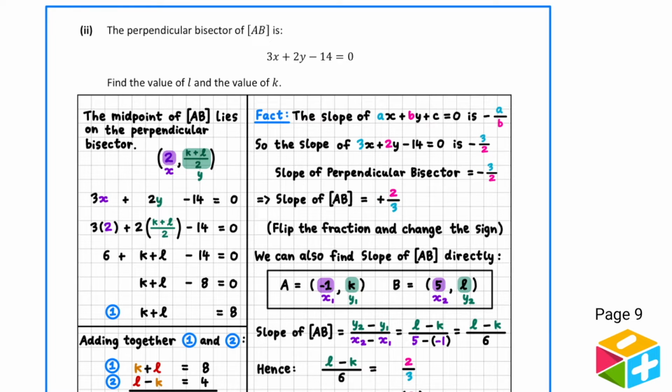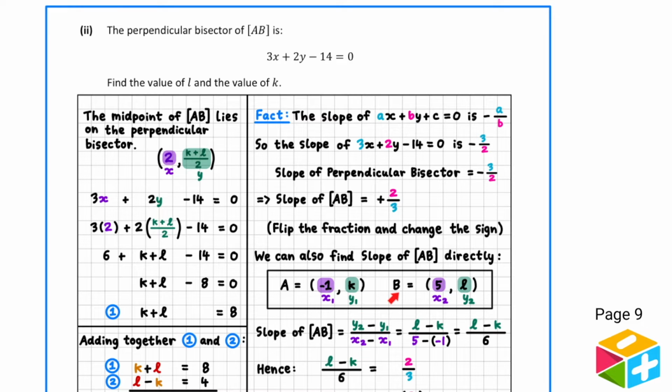So, we found that the slope of AB is 2 over 3. However, this slope can also be thought of from another perspective. There's a formula which says the slope of a line is equal to y2 minus y1 over x2 minus x1. We can apply this formula to find the slope of AB. A is equal to minus 1 comma k. We label these with x1, y1.